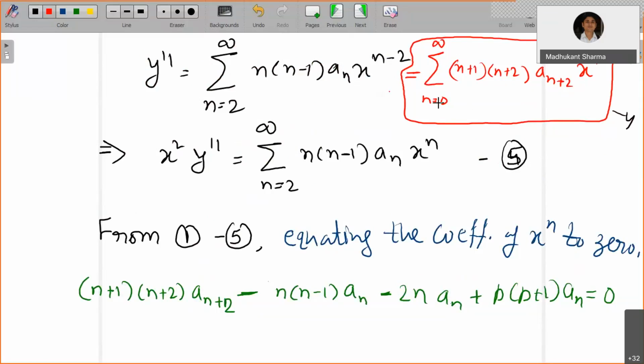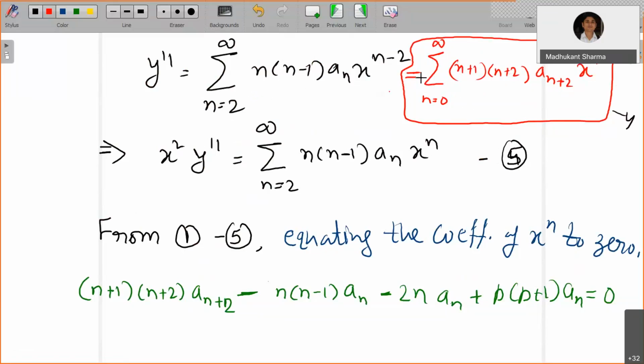When you have n equals 0 to infinity, you have x to the power n, that's fine. But what about a_n here? When n equals 2 you have a_2, when n equals 3 you have a_3, and so on. So you can shift this n carefully so that you get an equivalent form of the power series.